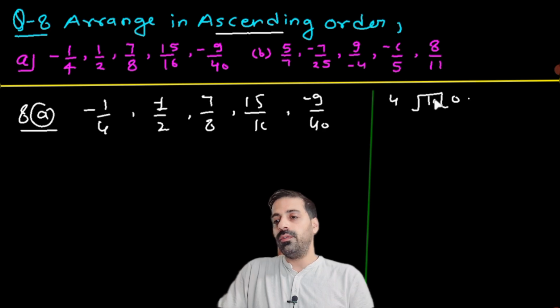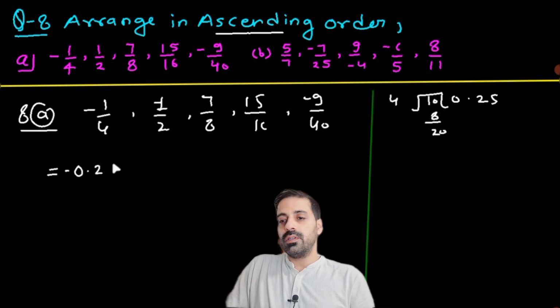If I divide 1 by 4, I get 0.25, so the first value is negative 0.25.